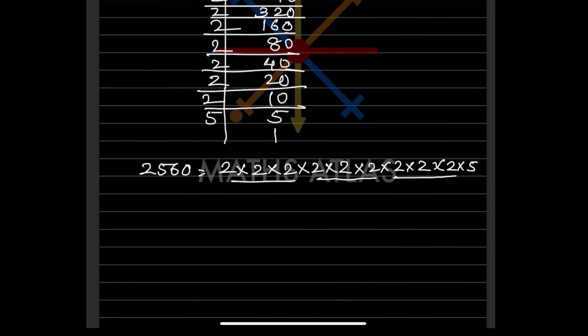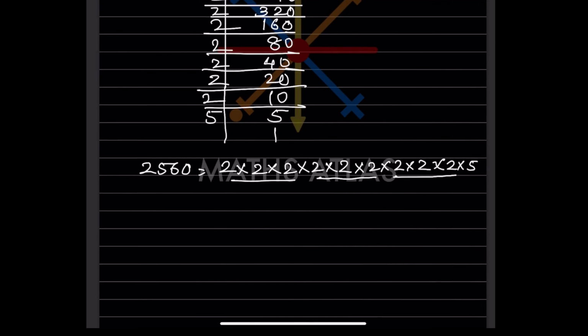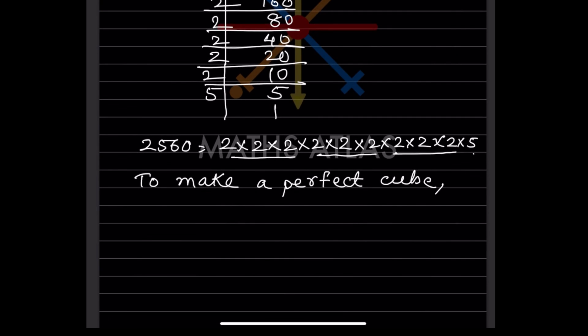So now to make it a perfect cube, we need 2 more 5s. For a square, we need just 1 more number, and for a cube, we need 2 more numbers.